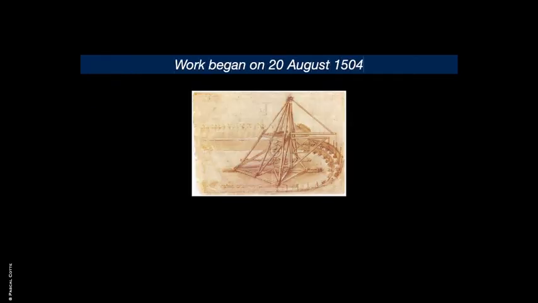The organization of the diversion of the Arno was taken up in the inner circle of the Gonfaloniere of Justice. The work began on 20 August 1504. The direction of the work was entrusted to the master builder Colombino, who did not follow Leonardo's recommendation since he created two canals instead of one.